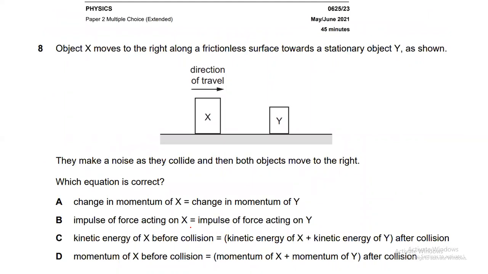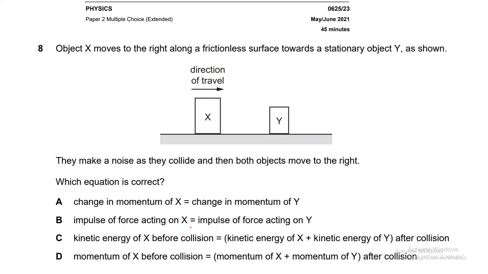This is the May, June 2021 2-3 paper, question number 8. Object X moves to the right along a frictionless surface towards a stationary object Y as shown. They make a noise as they collide, and then both objects move to the right. Which equation is correct?